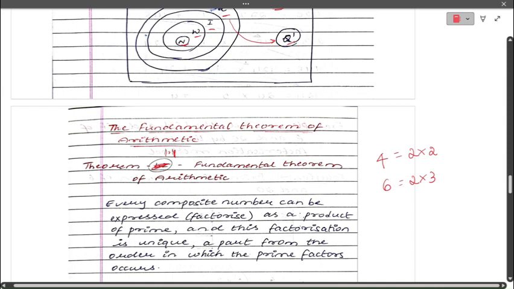It can't be any other number. That means it is unique. And irrespective of the order, 3 into 2 is also 6. 6 is a composite number. It can be expressed as a product of prime numbers. Clear with the fundamental theorem of arithmetic? The concept becomes more and more clear once we take an example.